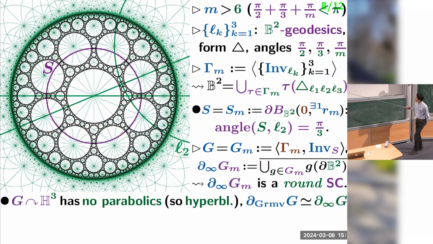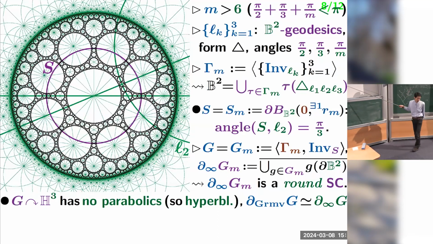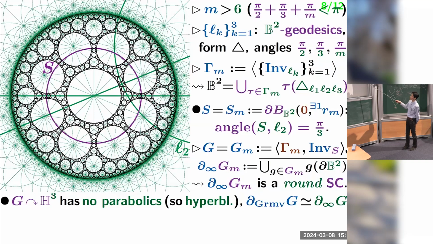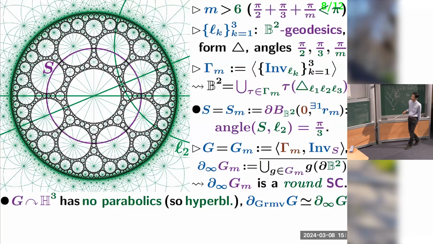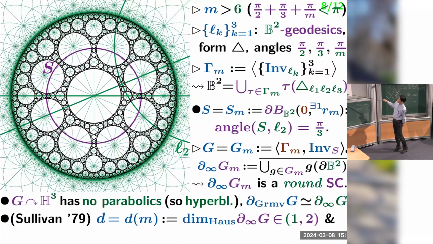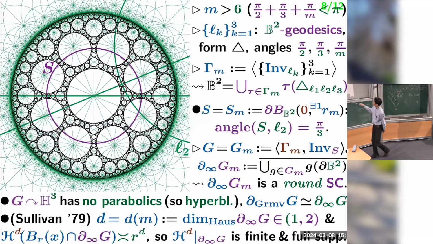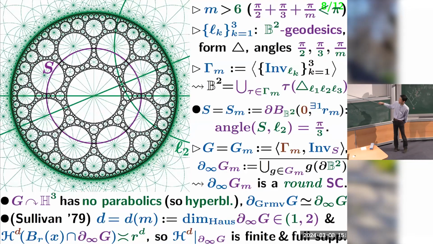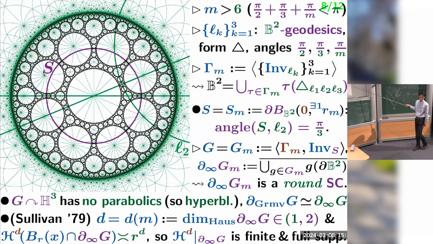And this fractal, this invariant set, can be naturally identified with the Gromov boundary, the boundary at infinity, of a Gromov hyperbolic group. And the fractal geometric properties of this fractal are very nice. Actually, it's Ahlfors regular with Hausdorff dimension strictly between 1 and 2.